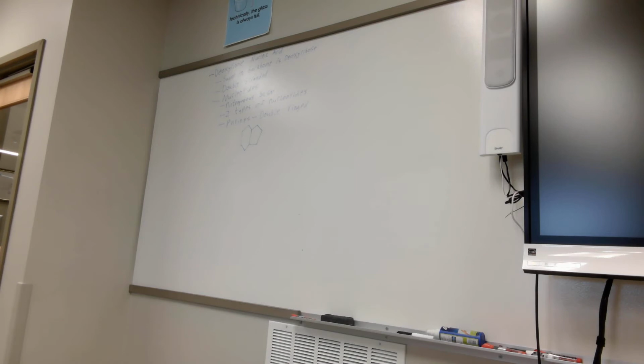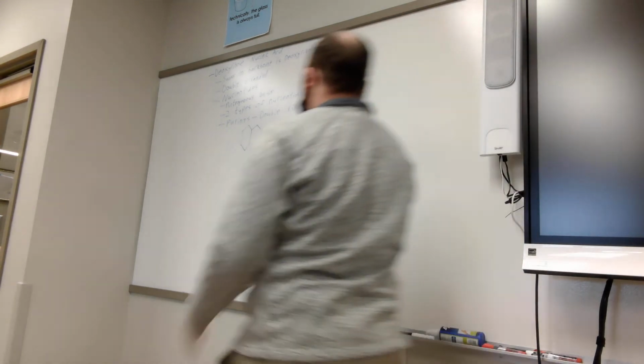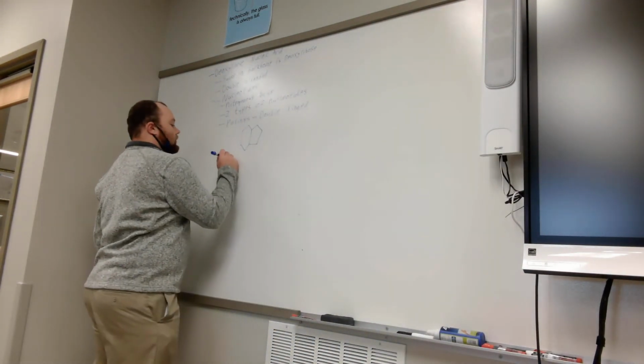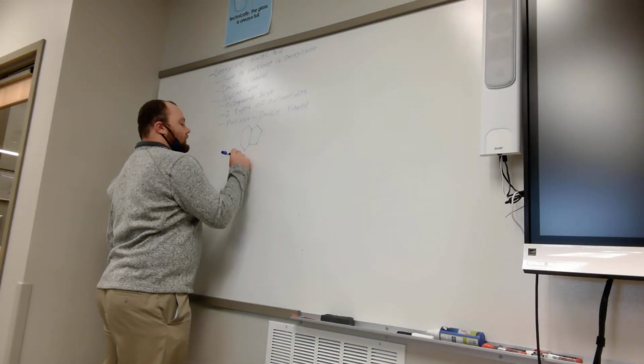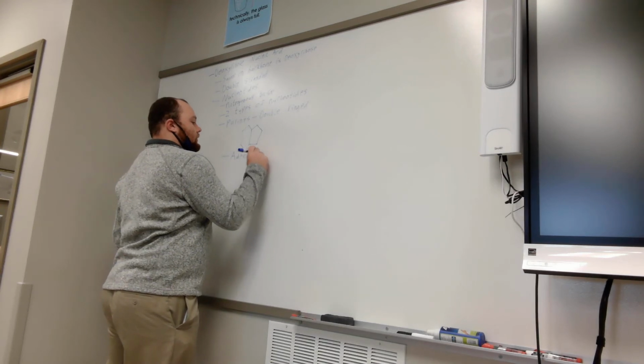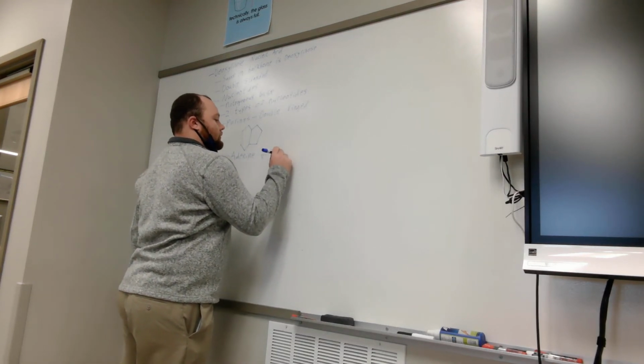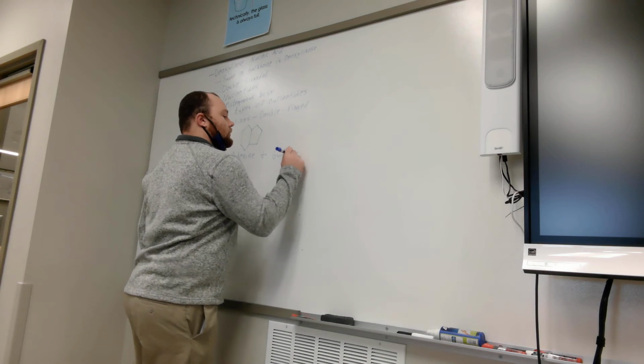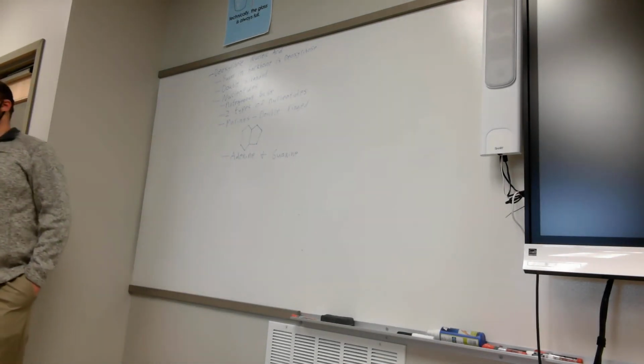So purines are the double ringed ones, all right? And these are adenine and guanine. The A's and the G's, okay?